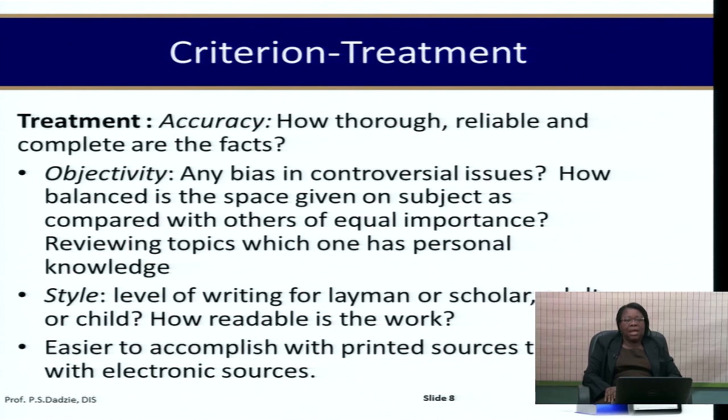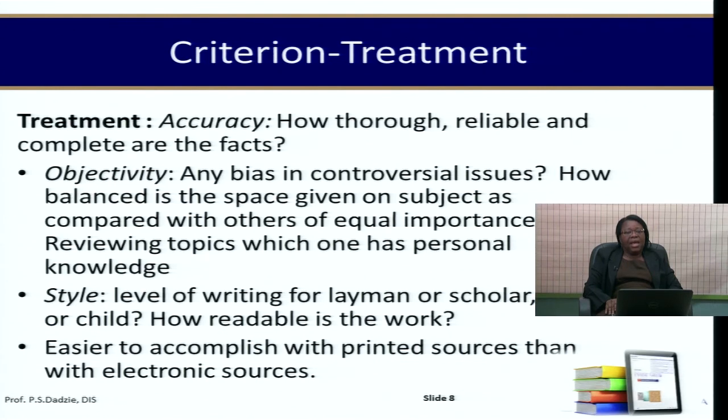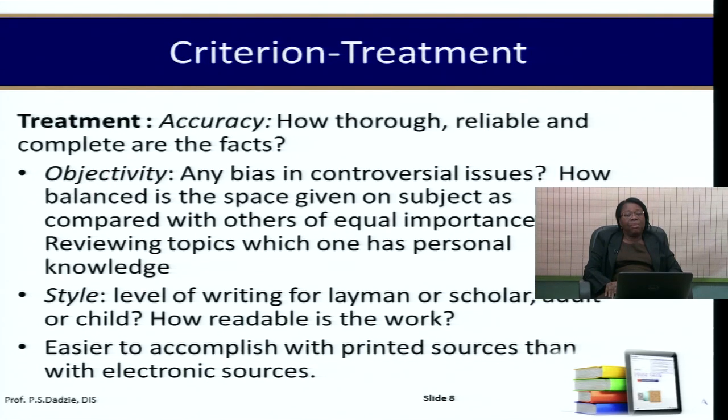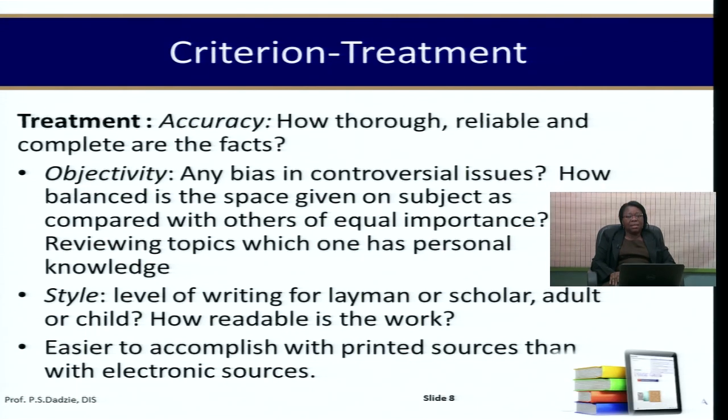Or how complete are the facts? Then you also look at the objectivity. Are there any biases in the information presented? That means, is the information balanced? If it is not, then you know that you should not be using that particular reference source.